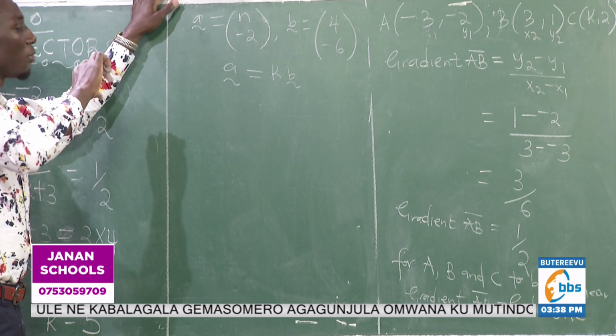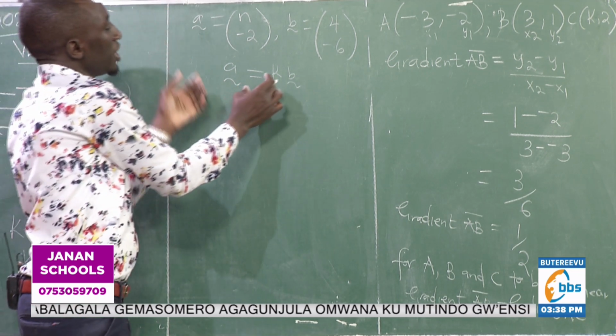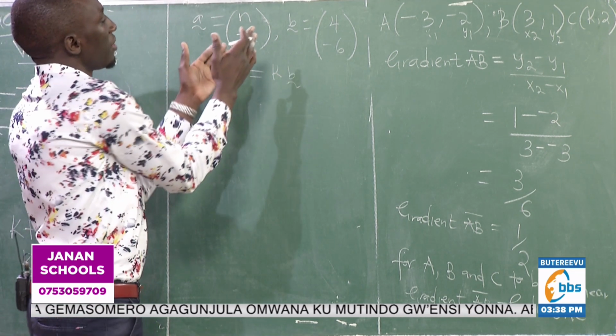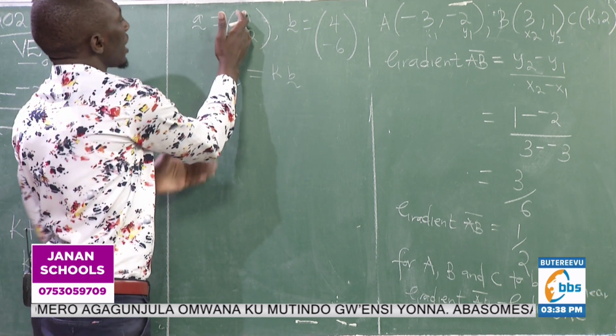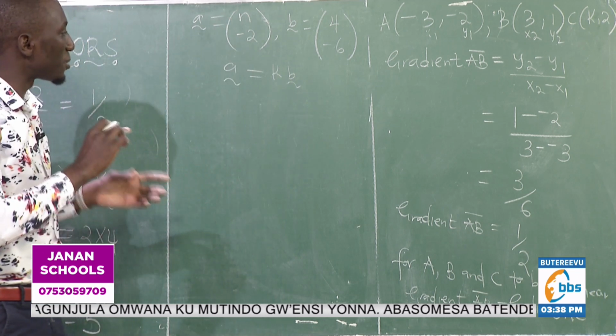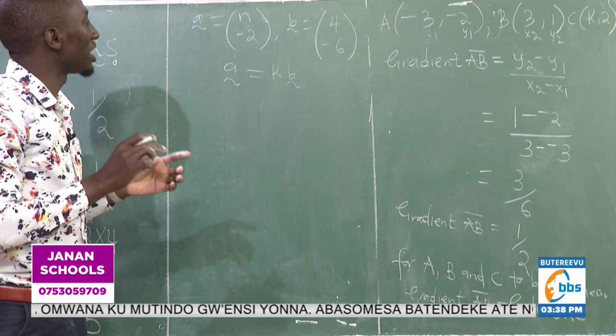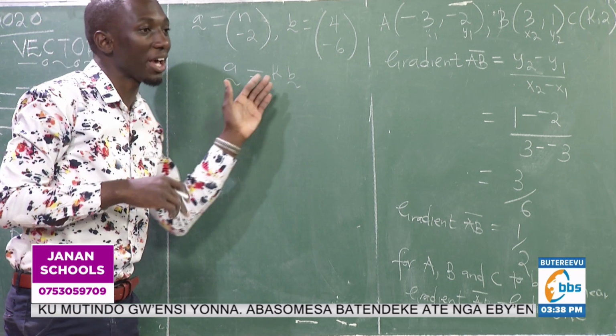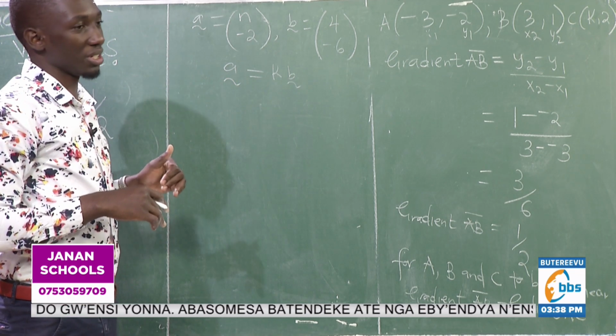So if I have to get the value of n, I have to find that constant. Then if I get the constant, it becomes very easy for me to get the value of n.